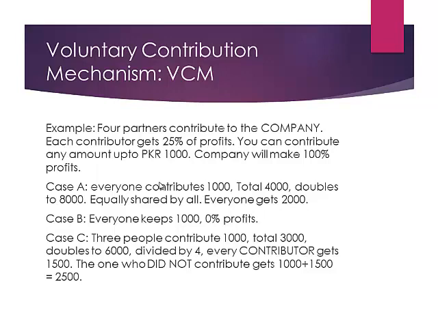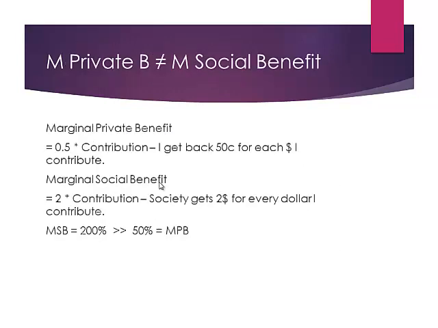Although again, the social benefit is different from the individual benefit. So the basic issue is that the marginal private benefit is different from the marginal social benefit. This is the key, and this is what the invisible hand says, that the private benefit equals the social benefit.